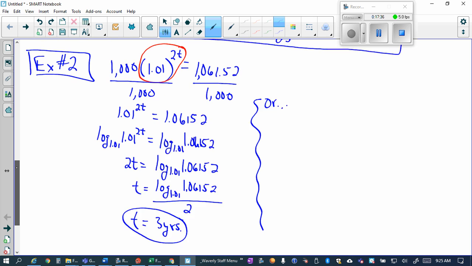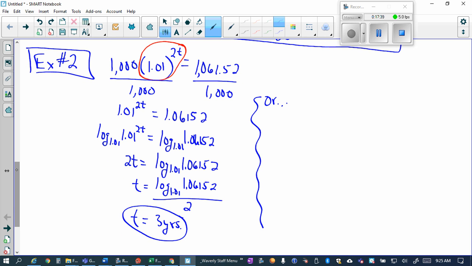So let's say we've already cleaned it up, right? We've got 1.01 to the 2t equals 1.06152. It's just instead of log base 1.01, let's take log base 10, because most calculators you run into in your life are just going to be base 10 log or base e. Right?